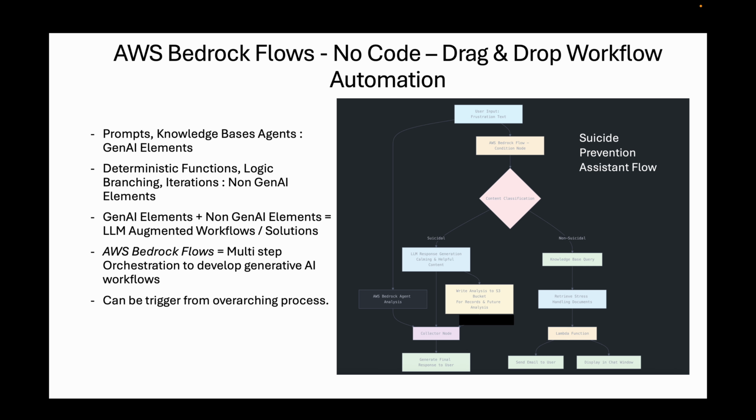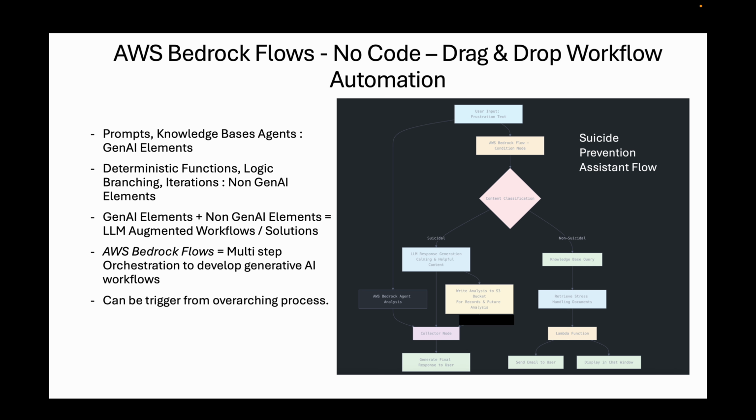So AWS Bedrock Flows is a no-code drag and drop sort of automation where you can take your existing workflows, figure out where generative AI can be used there, or just start with generative AI workflows, or as we call it, LLM augmented workflows, and get both generative AI elements as well as the deterministic logic driven elements of a workflow, right?